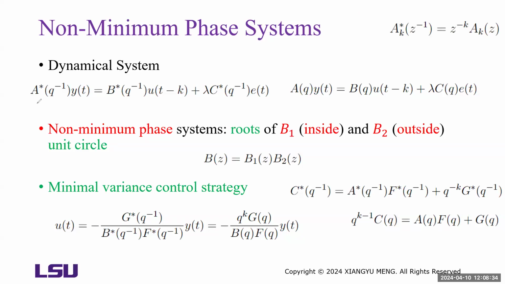Therefore A star will be q to the negative n times A, B star will be q to the negative n times B, and C star will be q to the negative n times C. Then we can multiply q^n on both sides of the equation. This results in this dynamic equation: A y equals B u(t minus k) plus lambda C e.